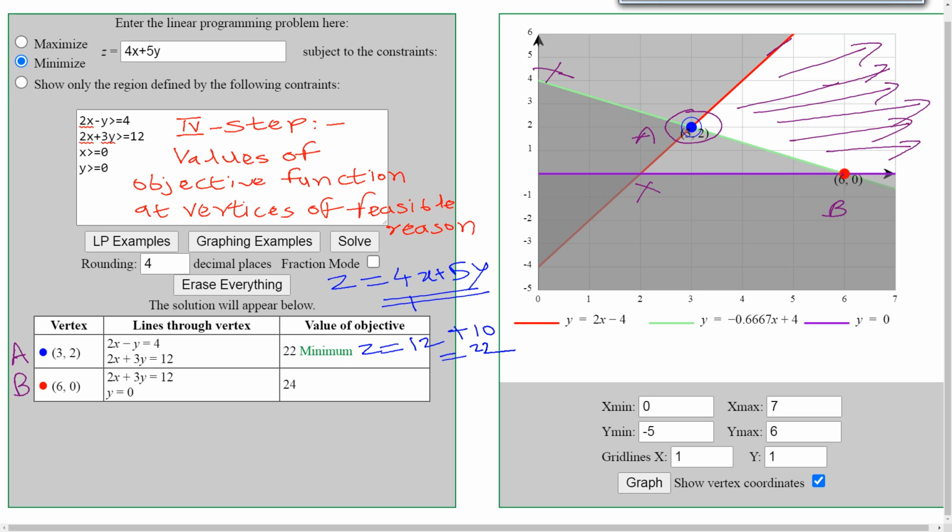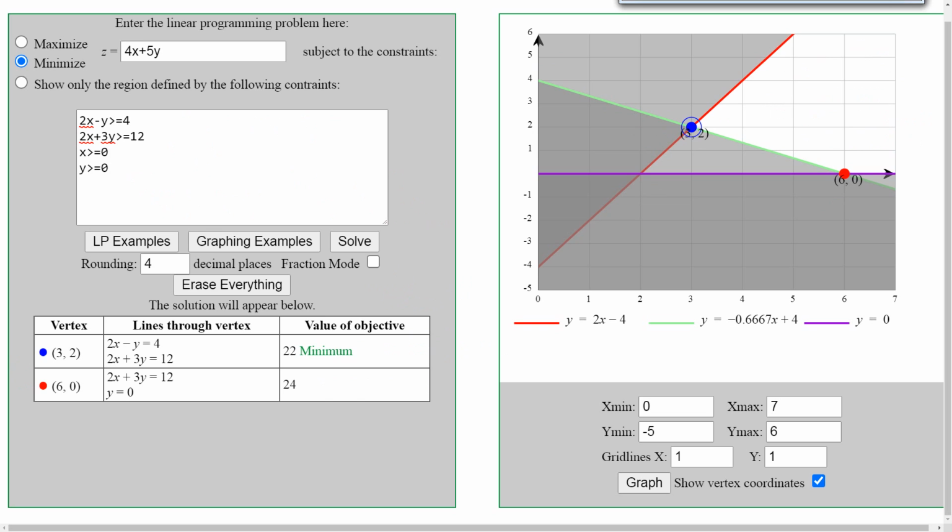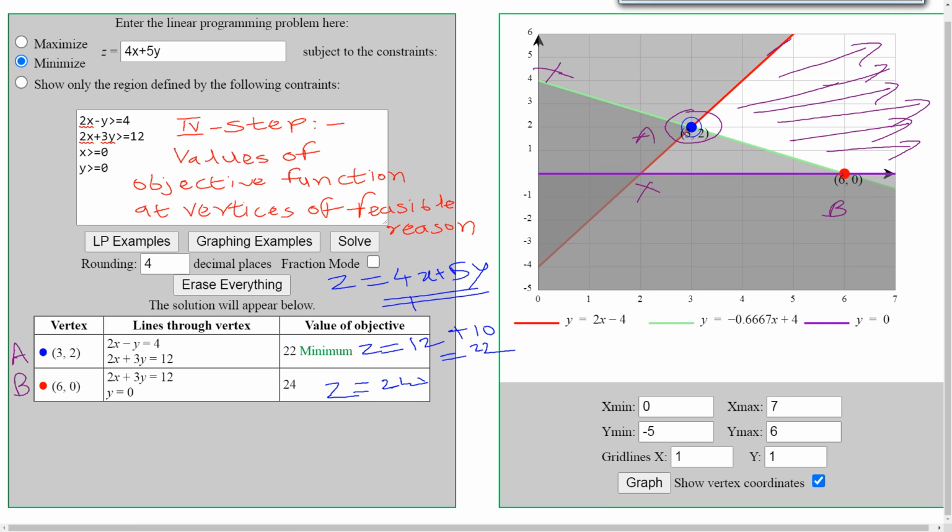At point B, which has coordinates 6, 0, it is going to have the value 4 into 6 that is 24, plus 5 into 0 which is 0.